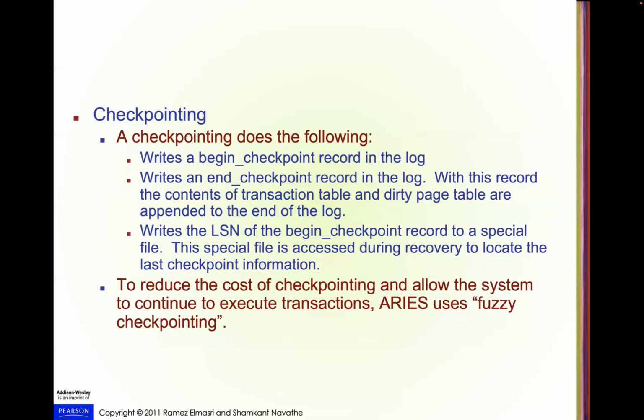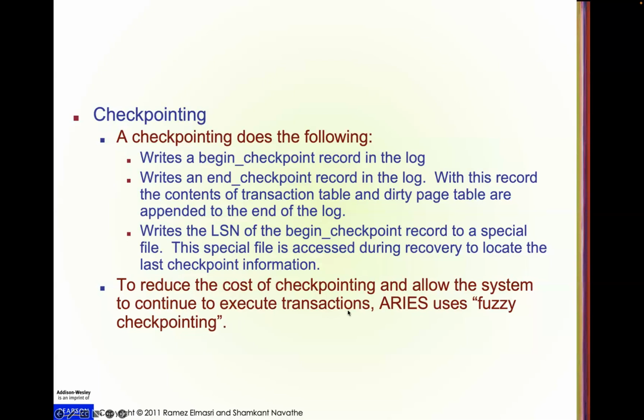How is it helping her? The next time she has to correct the pages and grade your notes, she's going to start from the last checkpoint, not from the previous checkpoint. Are you understanding? She has to start from the place where the checkpoint ended. This is used to reduce the cost of checkpointing and allow the system to continue to execute transactions.